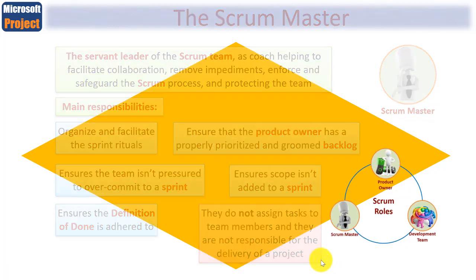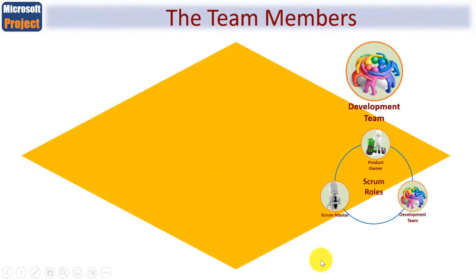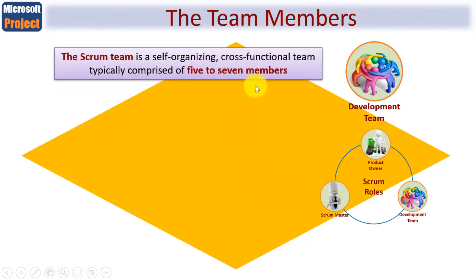Bringing us to the team members themselves, sometimes called the development team or specialist team. So the Scrum team is a self-organising, as you've learned, often cross-functional team, typically comprised of 5 to 7 team members. More than that, and the team gets unwieldy. Less than that, and you may not have sufficient knowledge, skill and experience, momentum, if you will, to carry out the sprints.